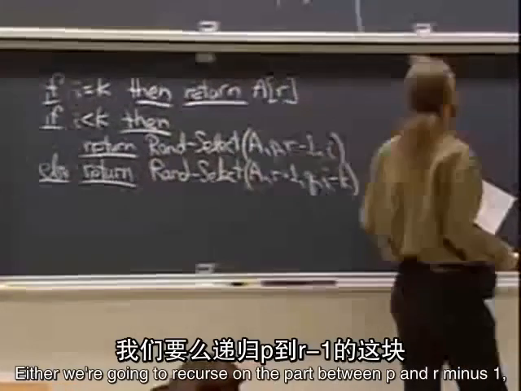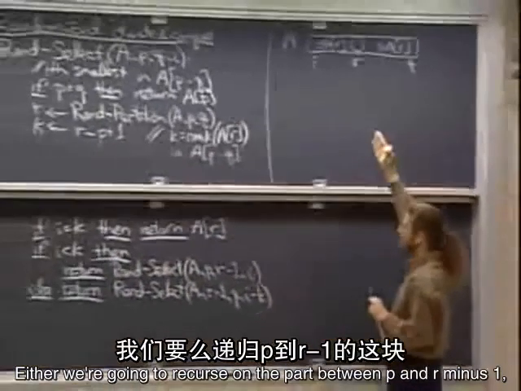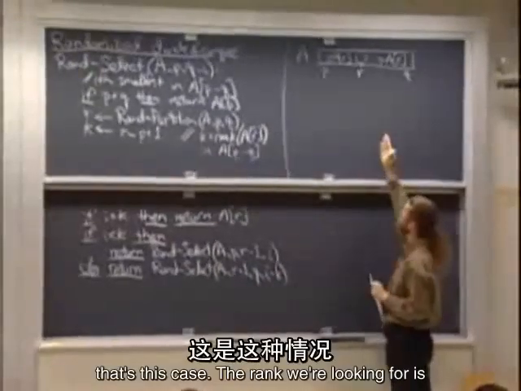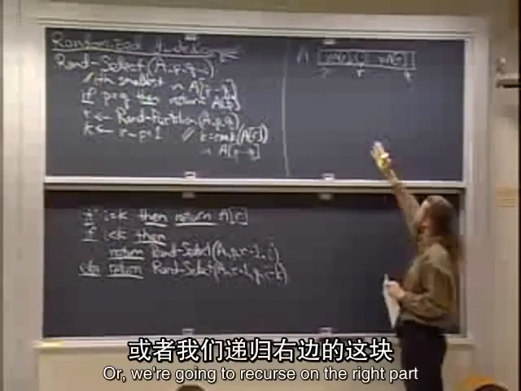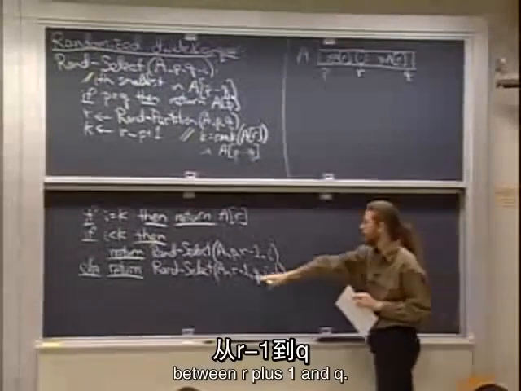So either we're going to recurse on the part between P and R minus 1, when the rank we're looking for is to the left of the rank of element A of R, or we're going to recurse on the right part between R plus 1 and Q.